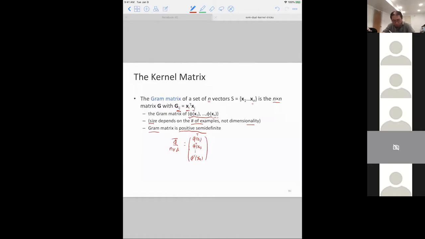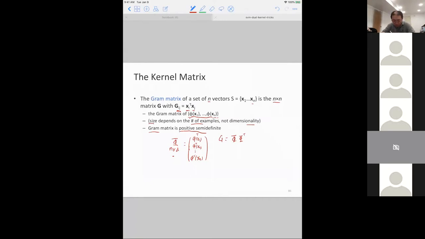So n by d, supposing that after the feature transformation the vector is d-dimensional. Then the Gram matrix constructed on these n feature vectors can be written as Phi Phi transpose.